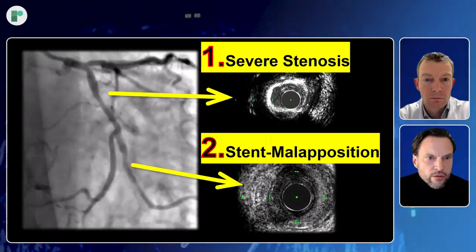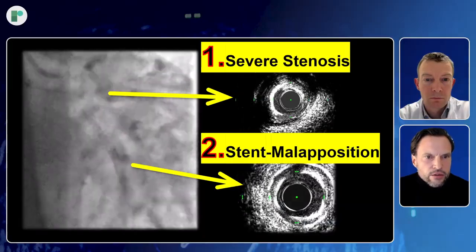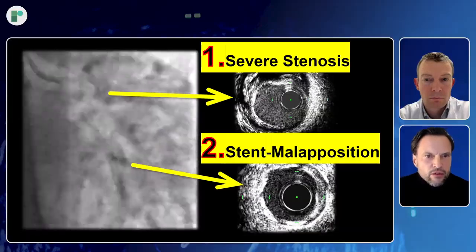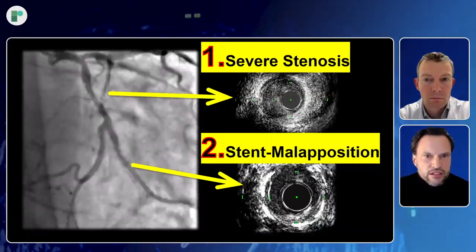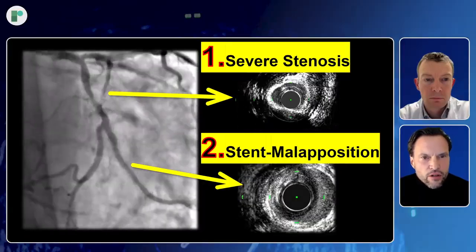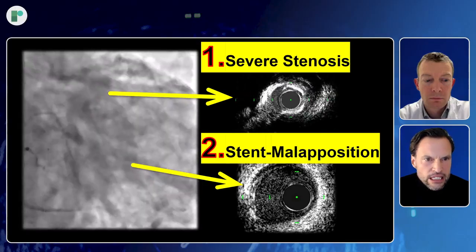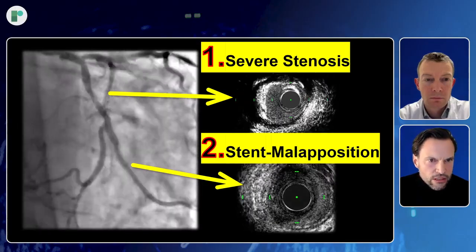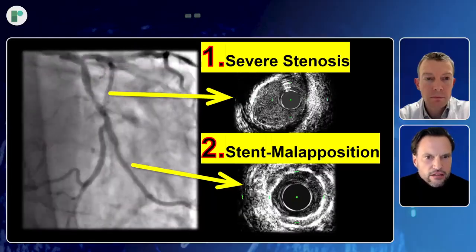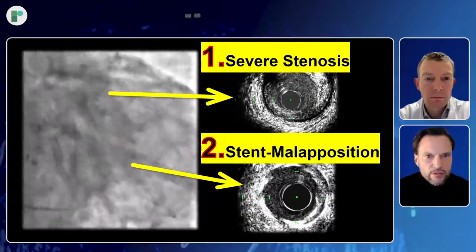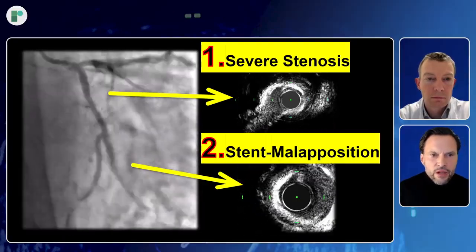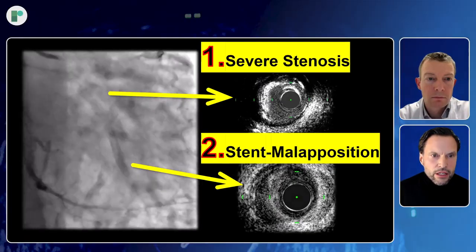What I really did not expect in this case was that in the proximal part of the RCX there was a severe stenosis with a lot of plaque formation. So one more case which at first look did not seem to be very complex, but just by using intravascular imaging, you're able to really understand what's going on, and then the treatment is not very complex.